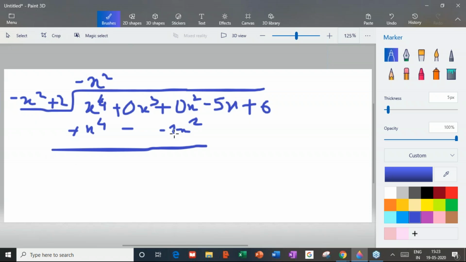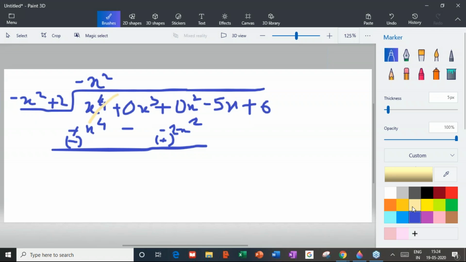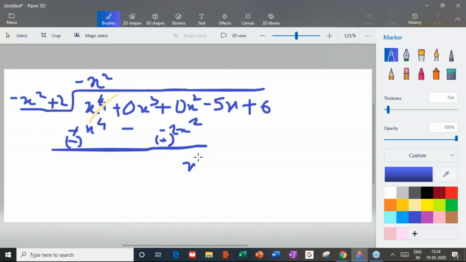Sorry for this bad handwriting, I'm using mouse and paint, so just make do with this for now. Now you change the sign, this will become minus and this will become plus, right? So this will get cancelled off and this will be 2x square minus 5x.